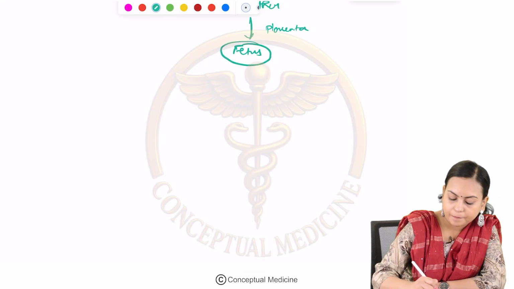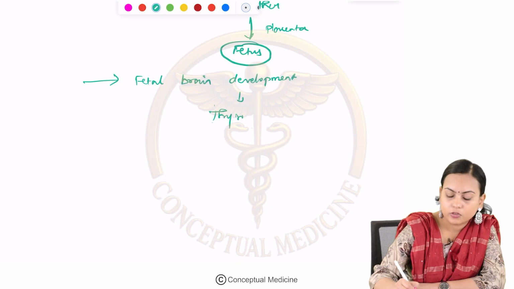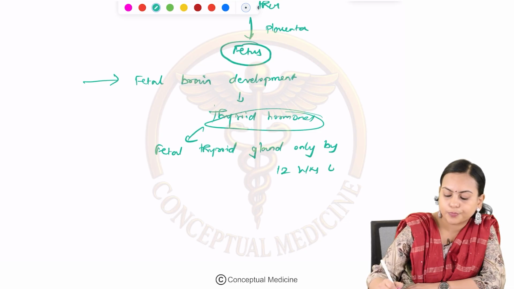The same way for fetal brain development, thyroid hormones are important, but the fetal thyroid gland is functional only by 12 weeks of gestational age.